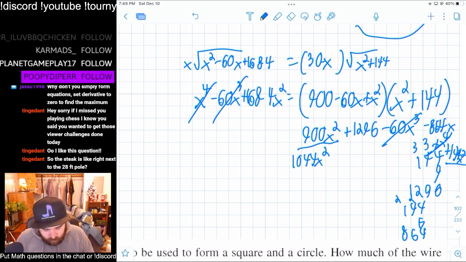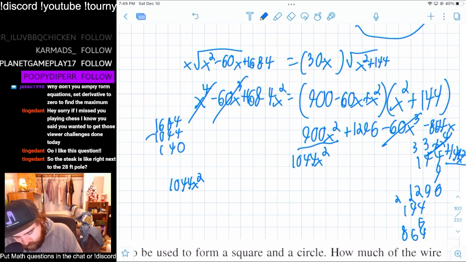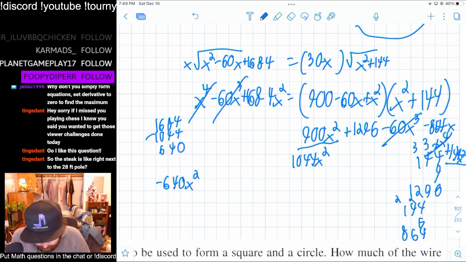And the x's is just the minus 864. So I have 1044x squared. Oh, no, then it's 1684 minus 1044, which is 640. So this is negative 640x squared when you move it to the other side. And the other ones are just gone.